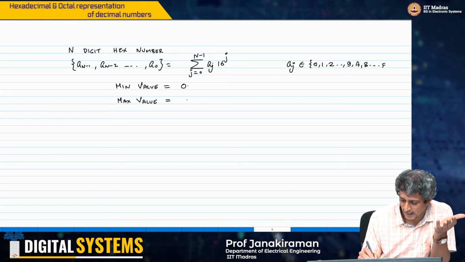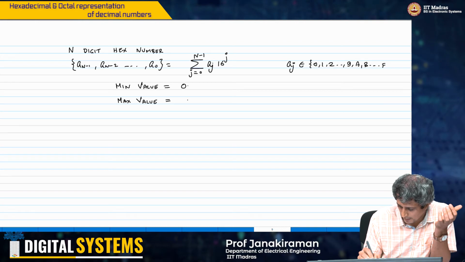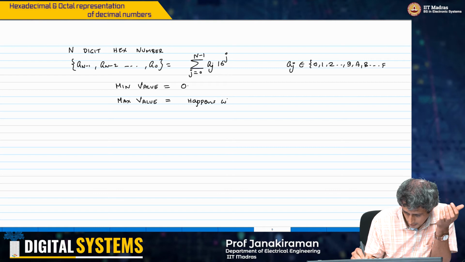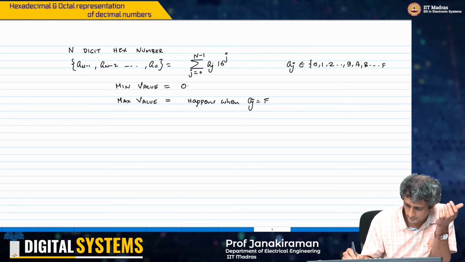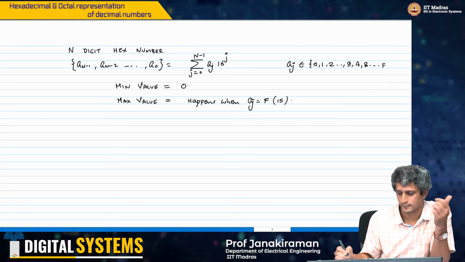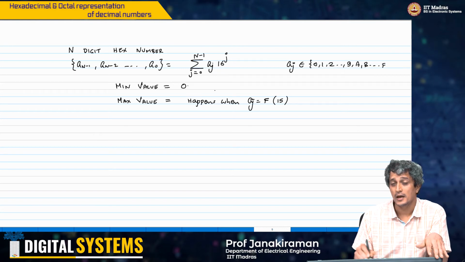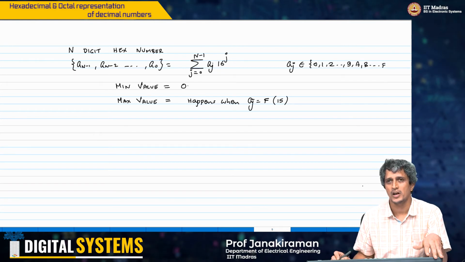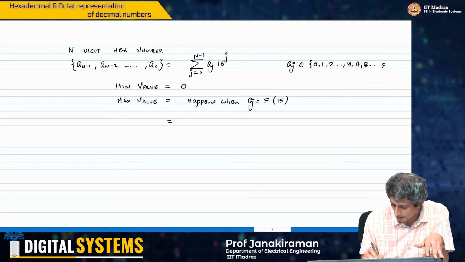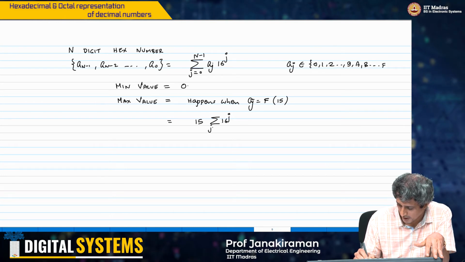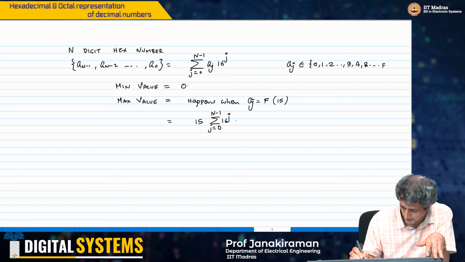Every single aj equal to F, value 15, then the hexadecimal representation will attain its maximum value, and therefore this is going to be 15 times the summation of 16 power j, j equal to 0 to n minus 1.